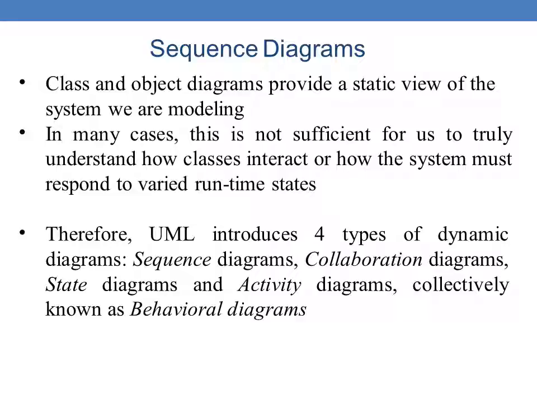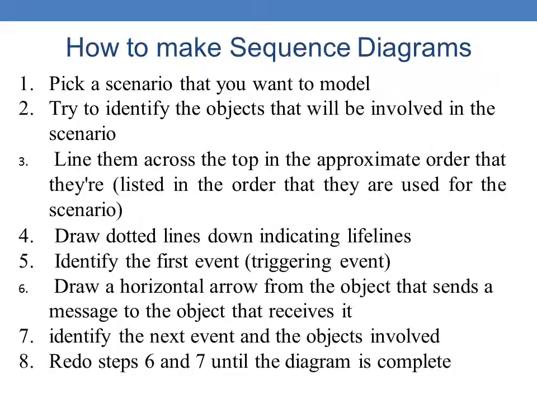Therefore, UML introduces four types of dynamic diagrams: sequence diagram, collaboration diagram, state diagram and activity diagram, collectively known as behavioral diagrams. These are the four behavioral diagrams.